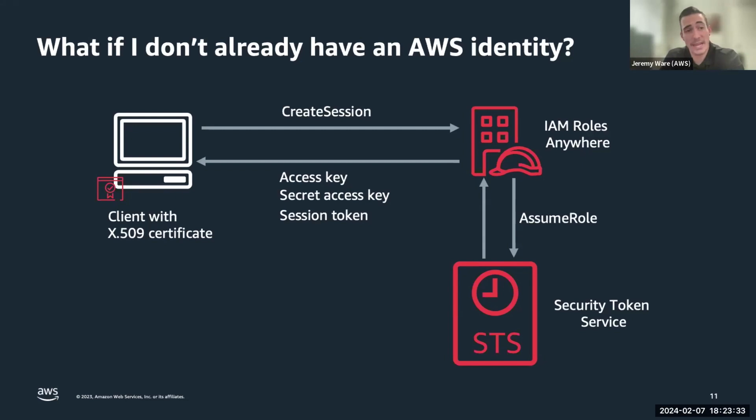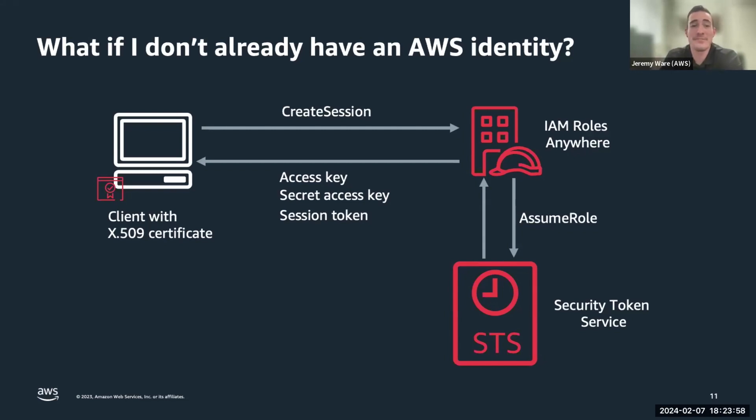So there's another way to access or ingress into AWS for machine-to-machine. If you have workloads running in GCP, Azure, or on-prem in some colo somewhere, you can leverage your existing PKI, public key infrastructure, and issue out X509 certificates. Your workloads can then pass that certificate along with an assume role request to IAM Roles Anywhere.